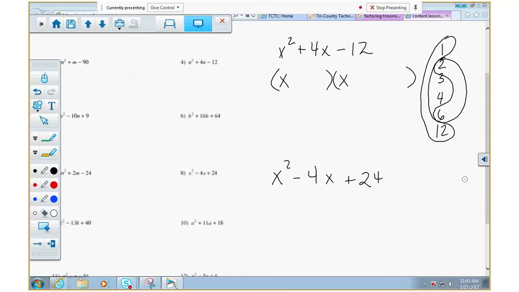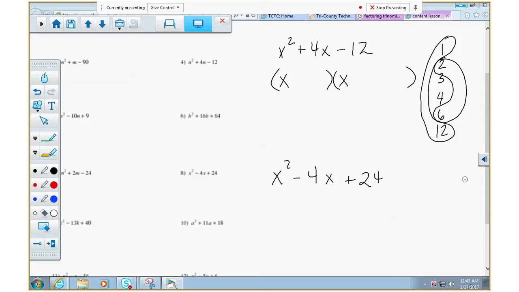The trick of the reverse FOIL method is the middle term. That's the trick. Because what will 1 times 12 always give you? What will 2 times 6 always give you? What will 3 times 4 always give you? 12. You won't mess that up. That's the trick.